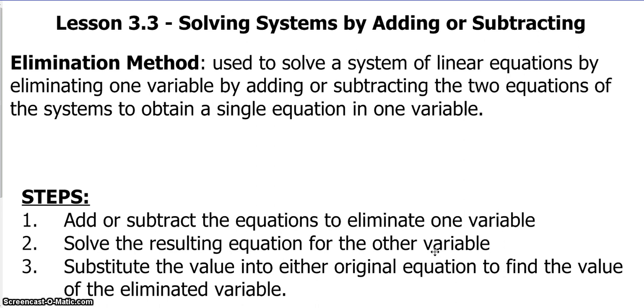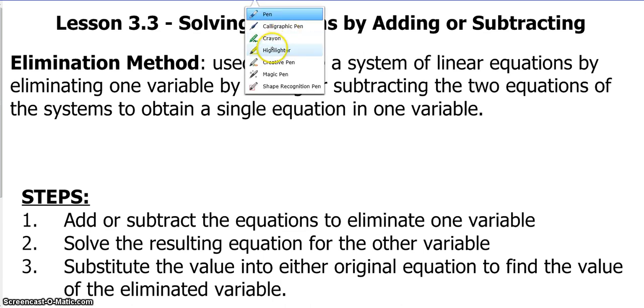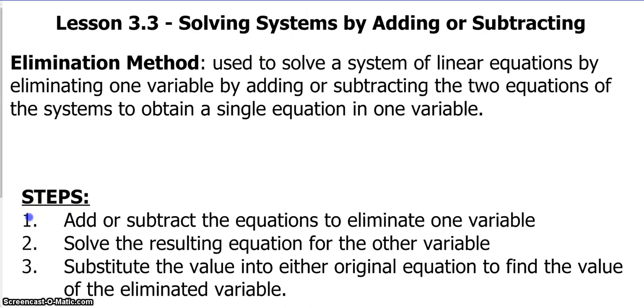Now there's 3 steps that we're going to take. The first one is adding or subtracting the equations to eliminate one variable. I'm going to show you an example that's going to do each of this, add and subtract. But first we want to make sure that we have our steps down. First step is add or subtract the equations to eliminate a variable.